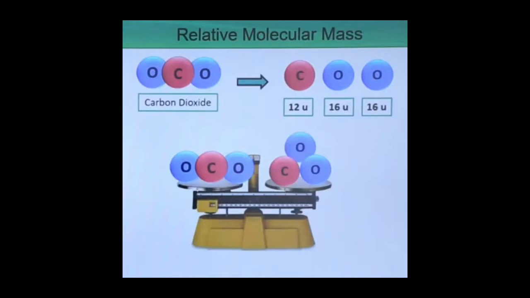We know that the relative atomic mass of carbon is 12 U and the relative atomic mass of oxygen is 16 U. When you weigh a carbon dioxide molecule, the mass of the whole molecule is equal to the sum of the masses of three constituent atoms, that is, one carbon atom and two oxygen atoms.